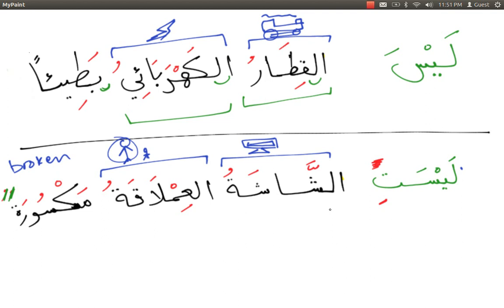And this is because we have a rule in Arabic. Whenever two letters with sukun meet, it will be very hard to pronounce. So what happens is that we will take the first one and drop the sukun and make it kasra. So if you want to sound fluent, you would say ليستِ الشاشة العملاقة مكسورة.